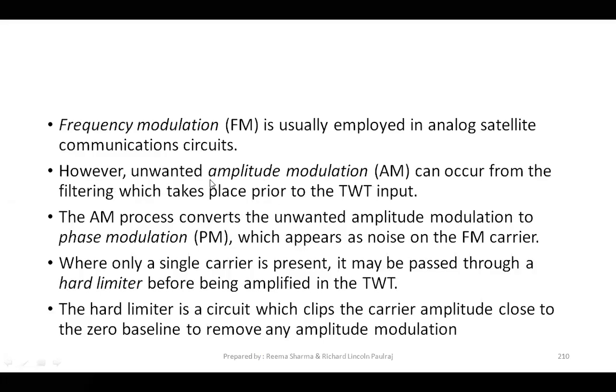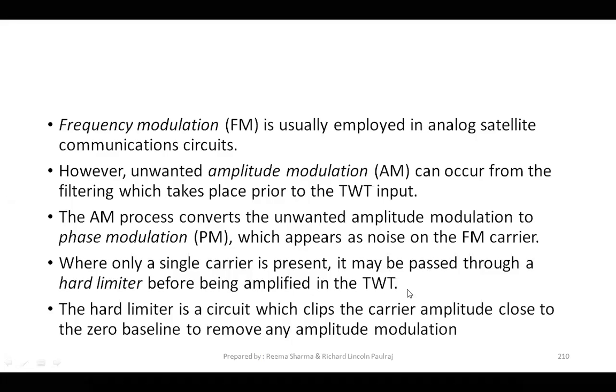However, unwanted amplitude modulation can occur from filtering which takes place prior to the TWT input. The AM to PM process converts unwanted amplitude modulation to phase modulation. Whichever amplitudes have spikes can change, so this appears as noise on the FM carrier because there is a change in amplitude. Where only a single carrier is present, it may be passed through a hard limiter before being amplified in the TWT.